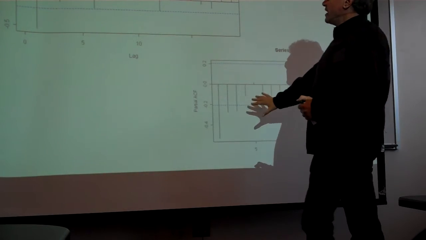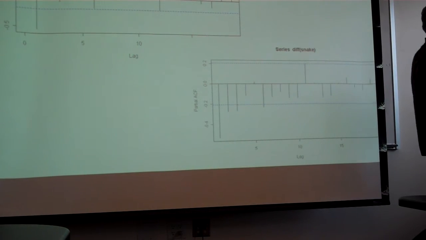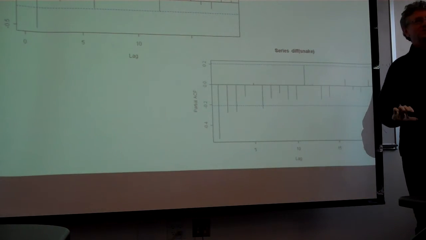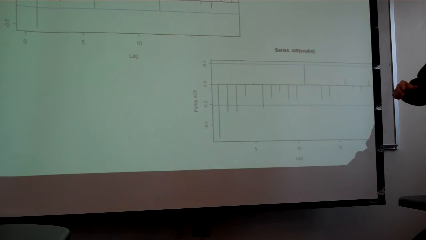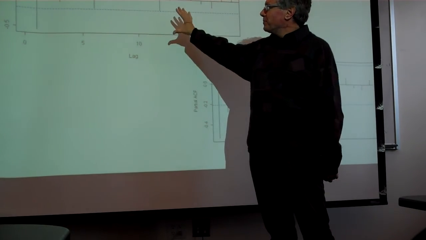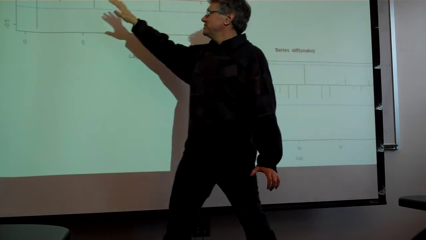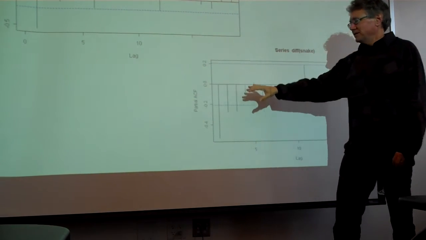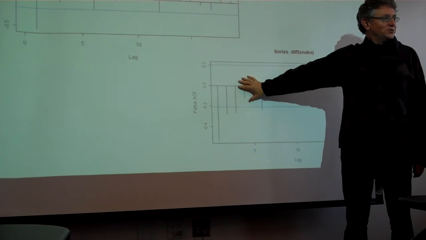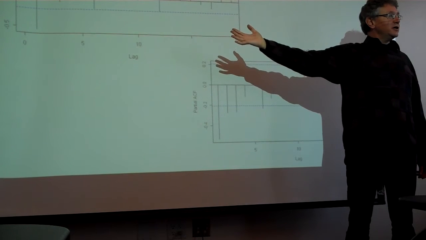So this branch of time series analysis all seems a little bit mystical because it was developed very empirically, and so the pattern that emerges from these two kinds of models is this. An autoregressive process gives a gradually decaying autocorrelation function and an abruptly decaying partial autocorrelation function. A moving average process, it turns out, gives you exactly the opposite, right?